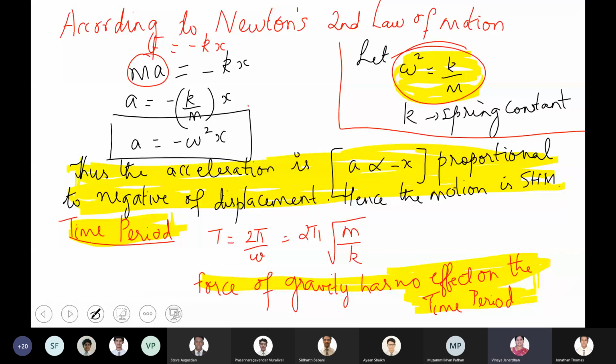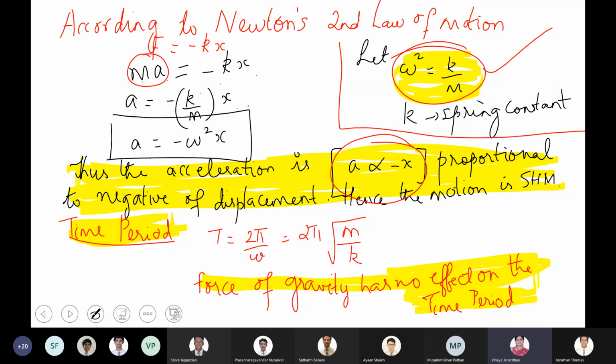So now you have F is equal to minus k into x. Substituting for the force, m into a is equal to minus kx, or a becomes equal to minus k by m into x. I'll take k by m as omega squared. So omega is a constant, and a is proportional to the negative of the displacement.